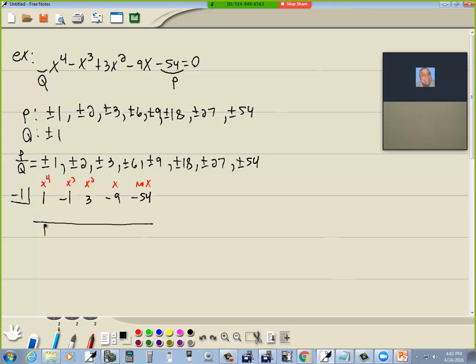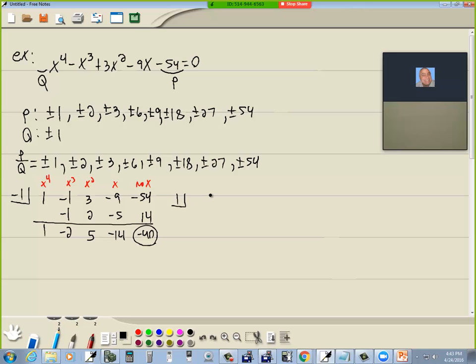You always multiply by the number in the box, by the number you put down here. Negative 1 times 1 is negative 1. Add, it's negative 2. Multiply, negative 1 times negative 2 is 2. Add, 3 plus 2 is 5. Multiply, negative 1 times 5 is negative 5. Add, negative 14. Multiply, add. No, that doesn't work.